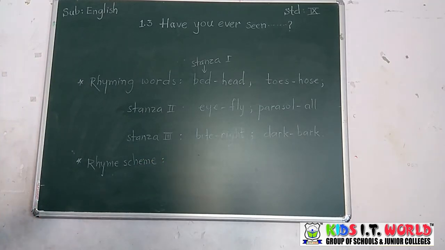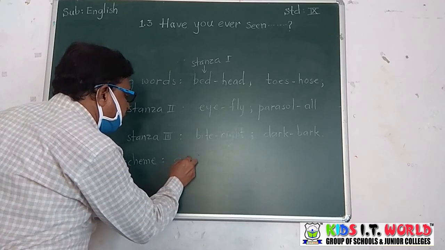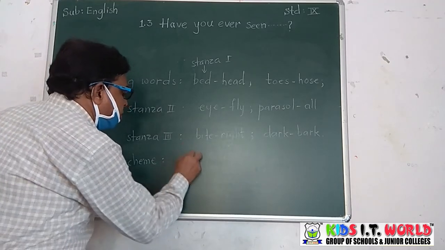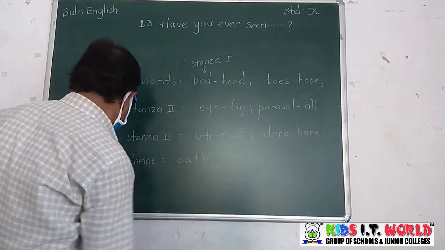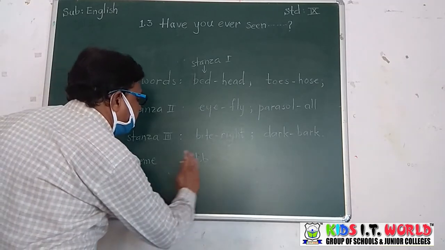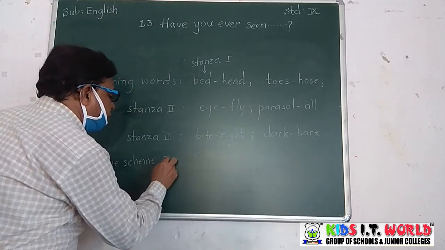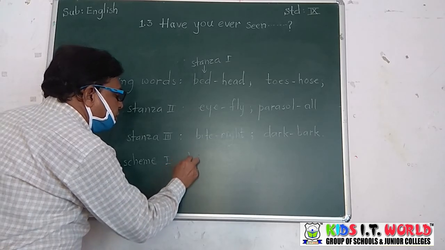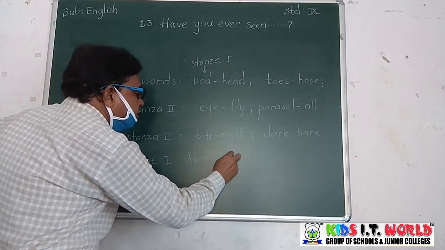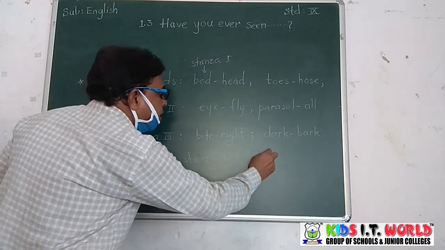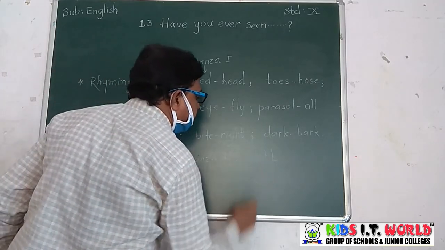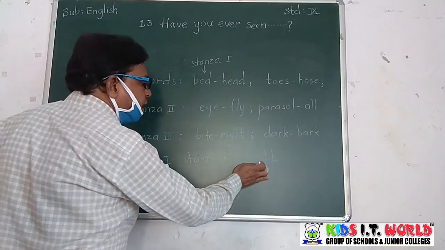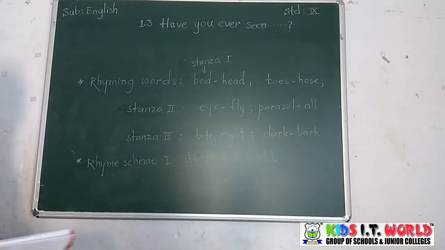See the first stanza: bed, head, that means A. Then toes, hose, it means B. So the rhyme scheme for the first stanza is A, B. This way we write the rhyme scheme. It means the first line rhymes with the second line and the third line with the fourth line, and it indicates that the stanza has 4 lines.